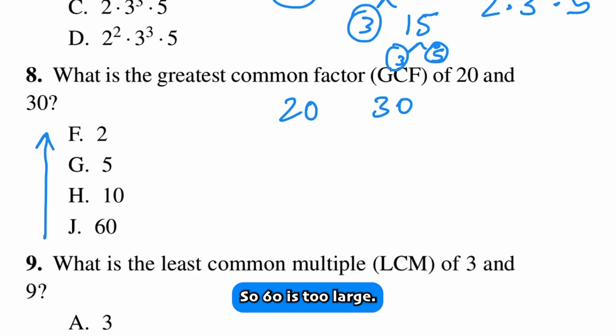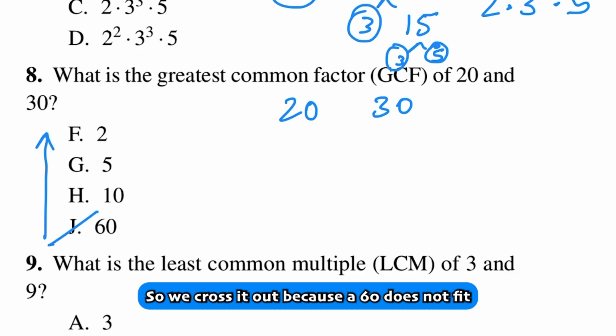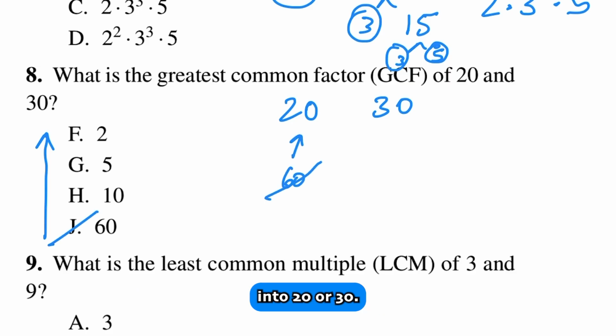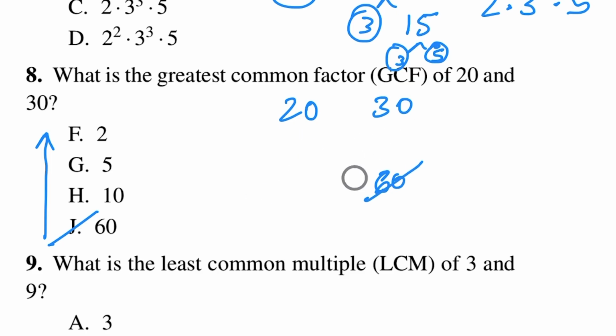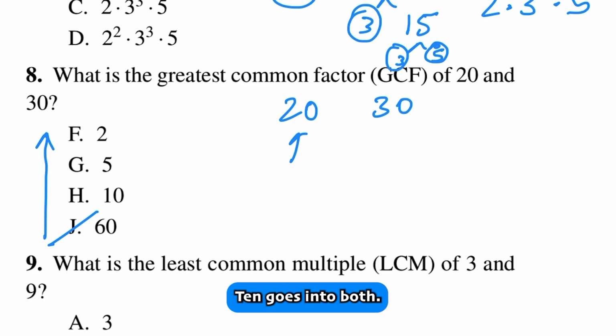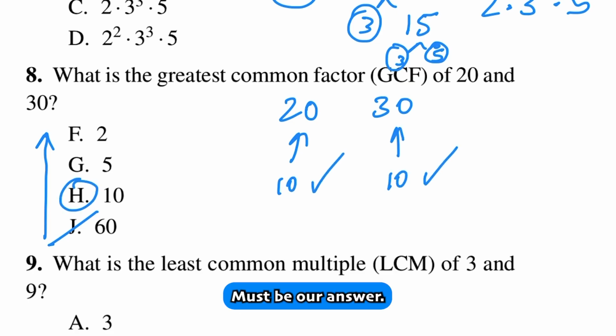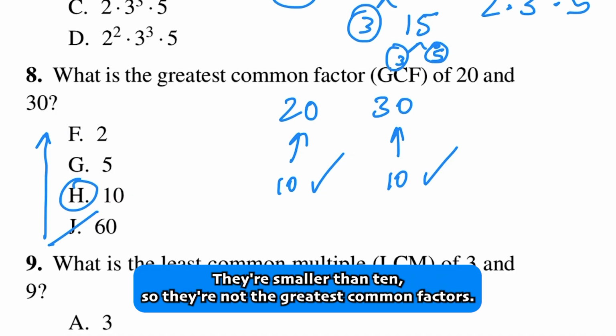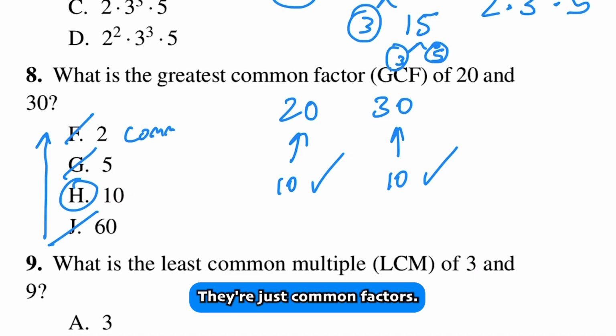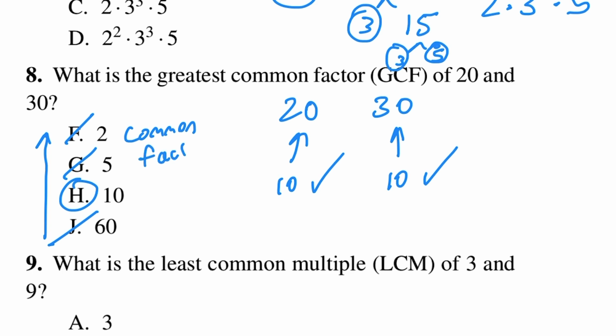So 60 is too large, so we cross it out, because 60 does not fit into 20 or 30. 10 goes into both. Must be our answer. 5 and 2 also work, but they are smaller than 10. So they're not the greatest common factors, they're just common factors. Not greatest.